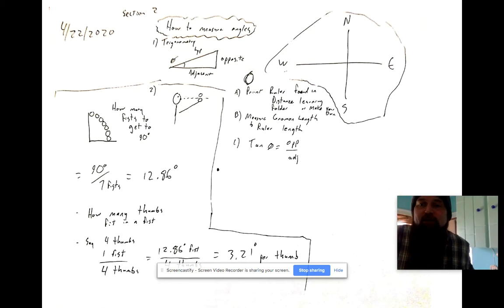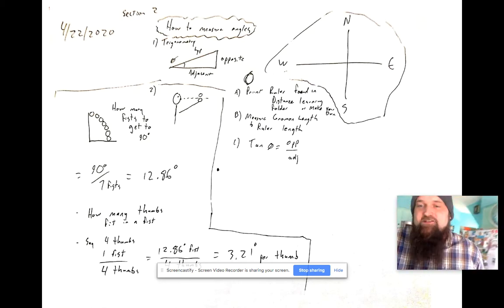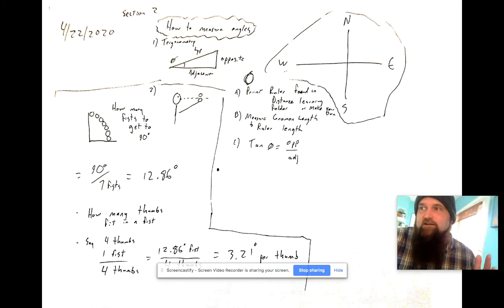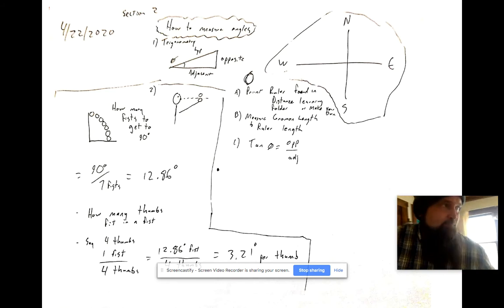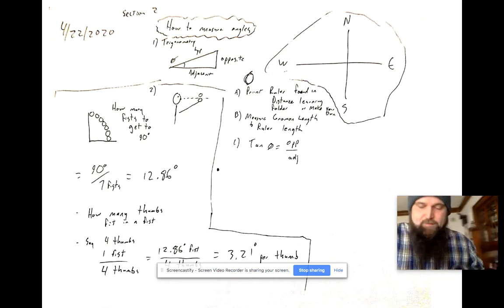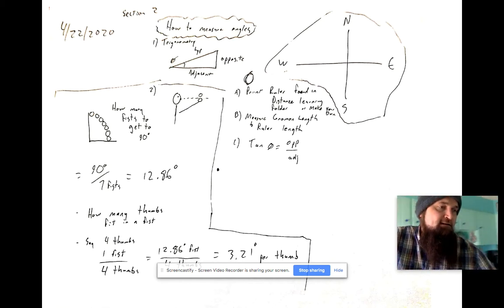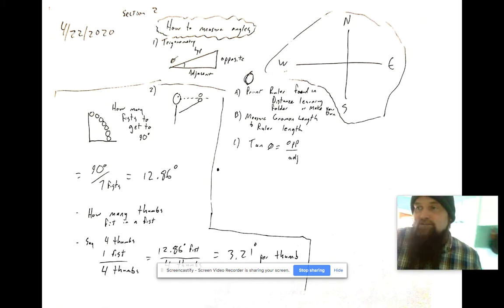I found my phone. Tangent minus 1 on your computer, you can just go tangent minus 1 in parentheses on Google. It'll probably give you a decent number for that. I'm just gathering my materials here, looking for a pencil now. There it is. All right, so let's go give this a shot.